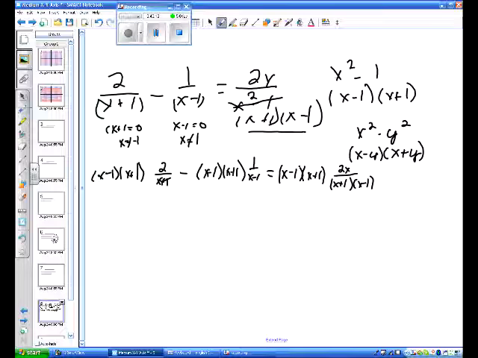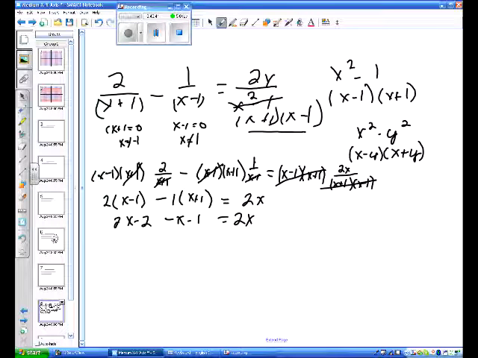So we can cancel our x plus 1's, and we're going to end up with 2 times x minus 1 minus, we can cancel our x minus 1's, and we'll have negative 1 times x plus 1 is equal to, and in this case they both cancel, which is 2x. So we have 2x minus 2 minus x minus 1 equals 2x.